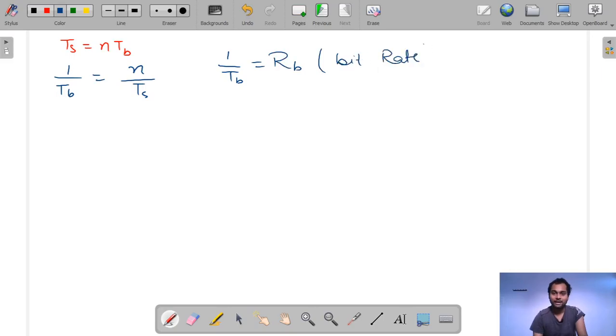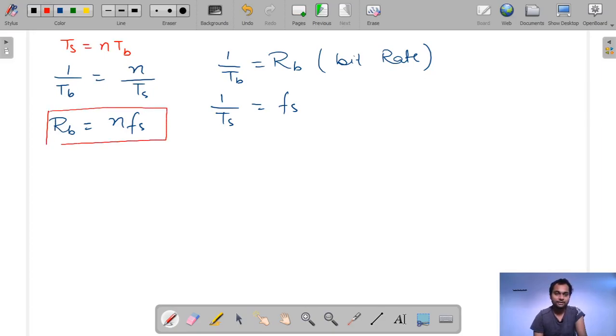Okay, and 1 by TS, the reciprocal of symbol duration, is Fs, the sampling frequency. So here we got RB is equal to n into Fs. Okay, so this is also one of the very important formulas. Bitrate is equal to n into Fs. Here RB is the bit rate and Fs is the sampling frequency.